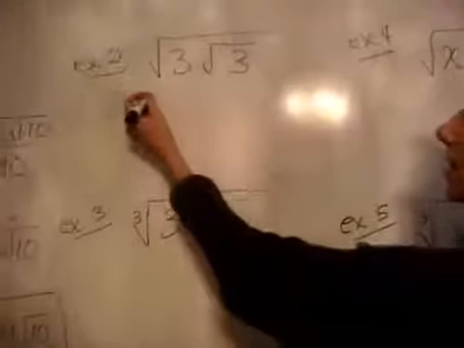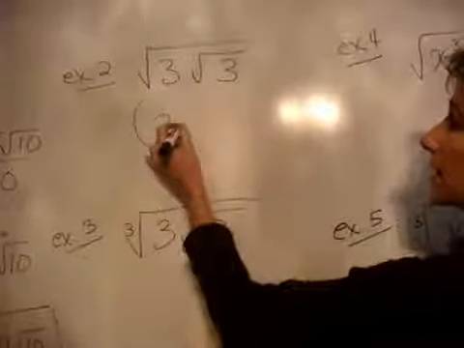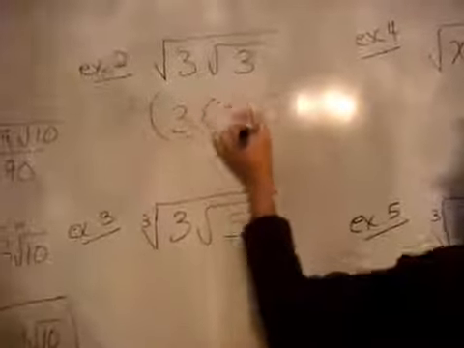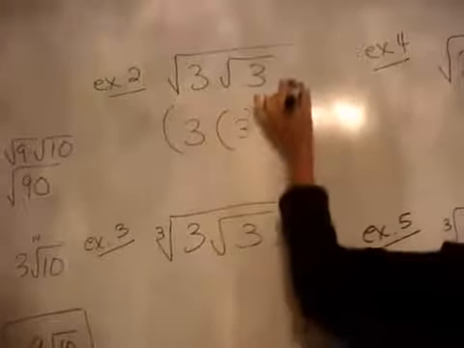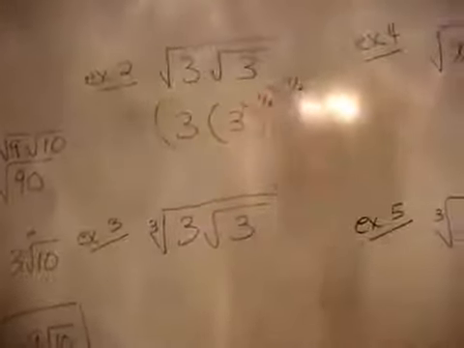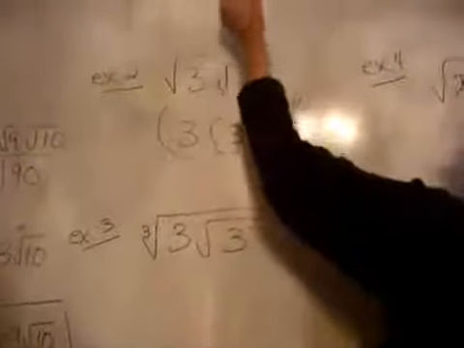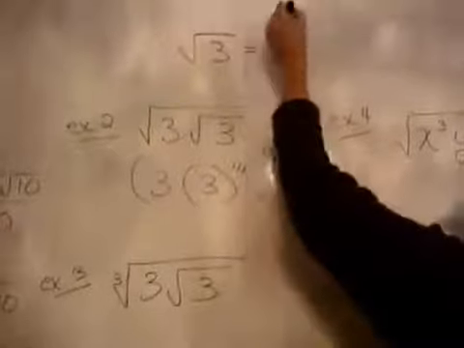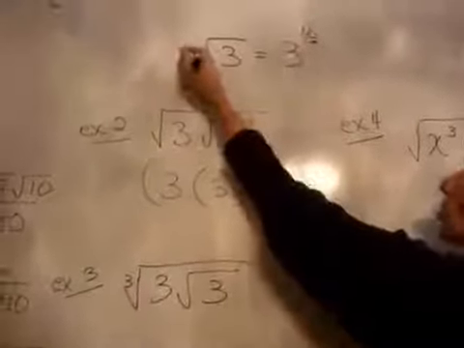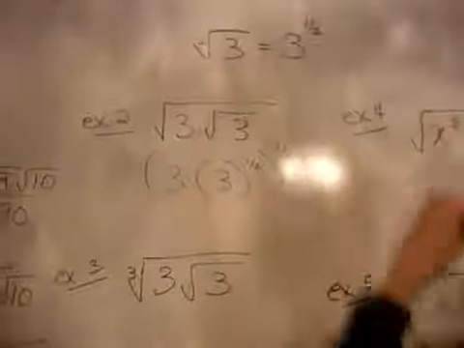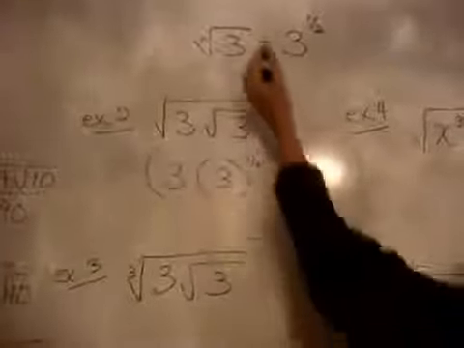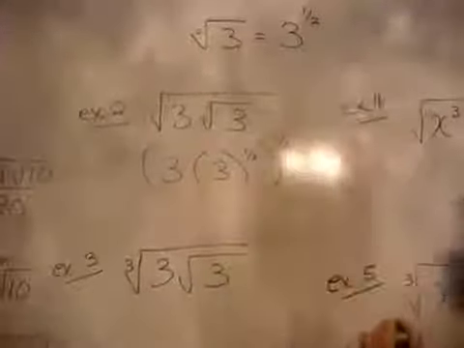Well, this is the same thing as 3 times 3 to the 1/2 to the 1/2 power. What I did was, we know that the square root of 3 is the same thing as 3 to the 1/2 power, because there's a 2 on the seat, so it's going to go on the bottom. And the power is 1, so the 1 goes on the top.